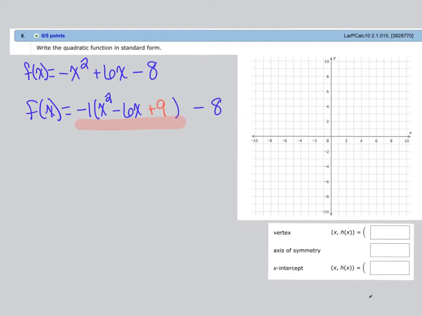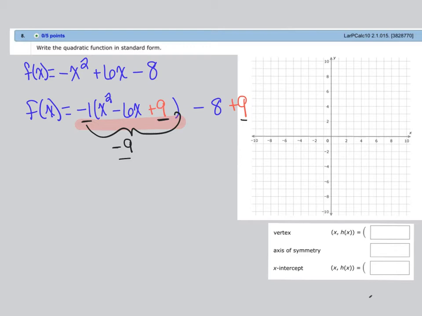Okay? So that seems strange to some students because we put a +9 on the inside. But you have to multiply this +9 times the -1. So what I actually did here was -9. And because we're talking about the same side of an equation, this number and this number have to be opposite.